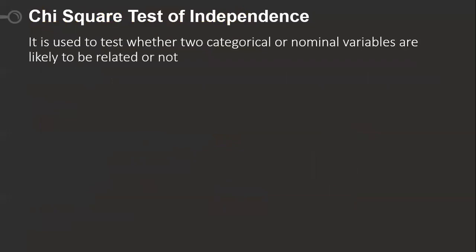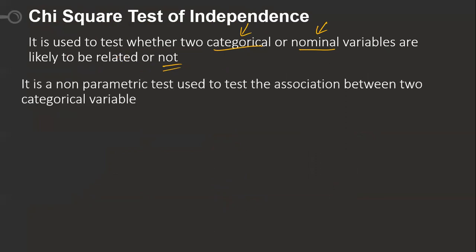What is the chi-square test of independence about? It is used to test whether two categorical or nominal variables are likely to be related or not, whether they have some relationship between them. It is a non-parametric test, used to test the association between two categorical variables.